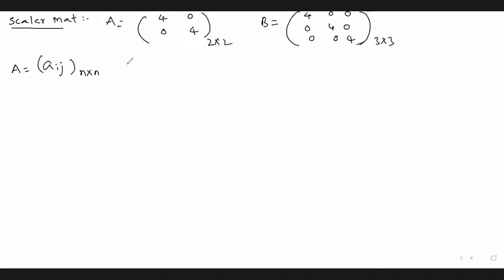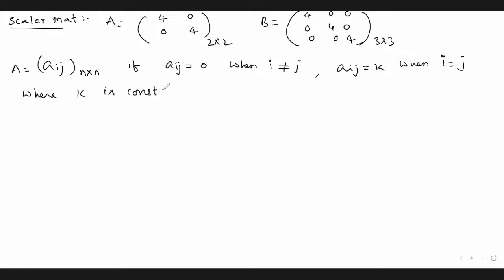It is said to be scalar if Aij is equal to 0 when, this is very important, I is not equal to J, and Aij is equal to K when I is equal to J, where K is a constant.